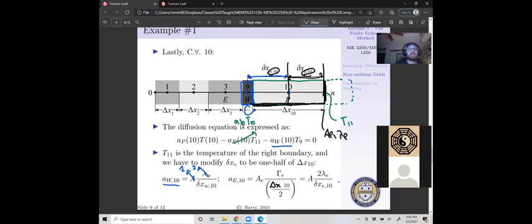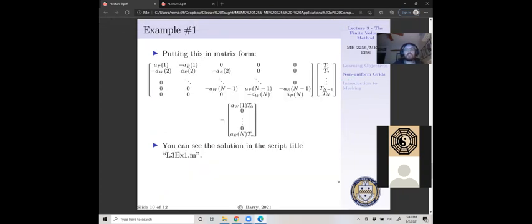Now that we have our equations, we're just going to put this in matrix form. Recall for our control volume 1, we had AP T1 minus A east T2 minus A west T0 is equal to 0. Now, A west T0, since T0 is a constant, moves to our right-hand side in our B matrix.